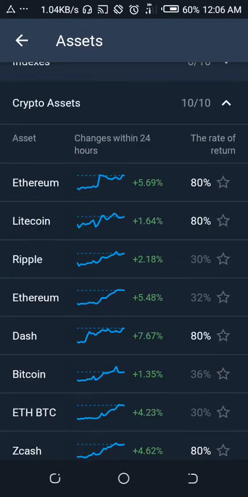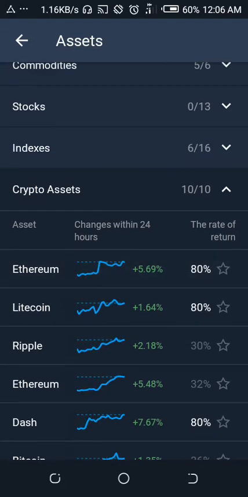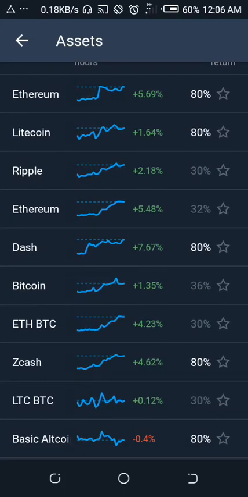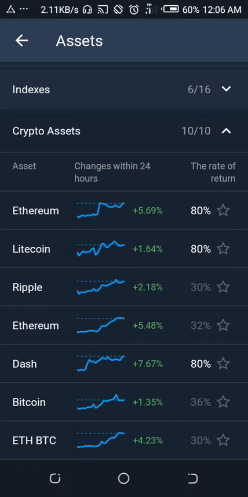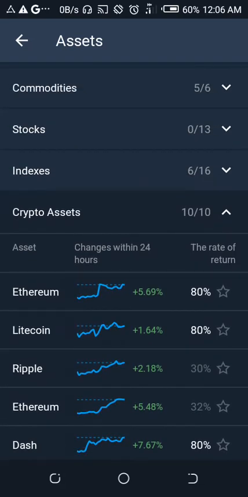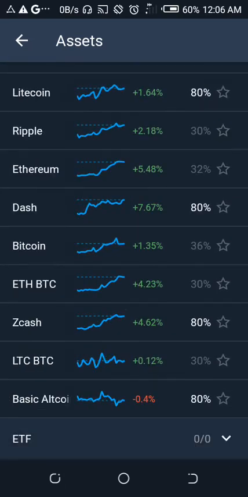Don't forget, here in cryptocurrency, the major pair asset is Bitcoin. Also, you can trade on ETF, but as you can see, there is no product listed on the ETF right now.